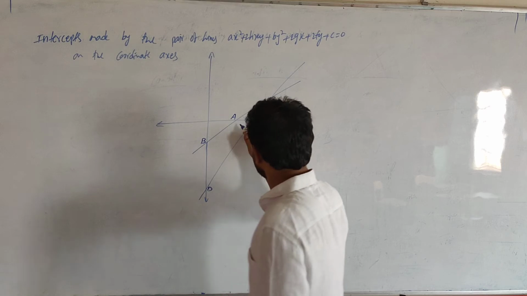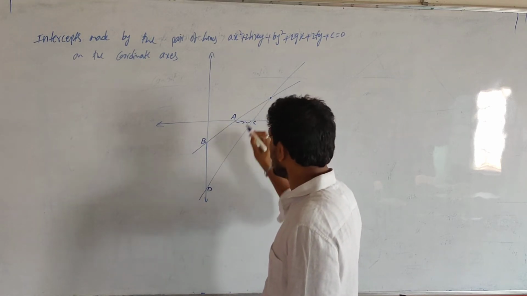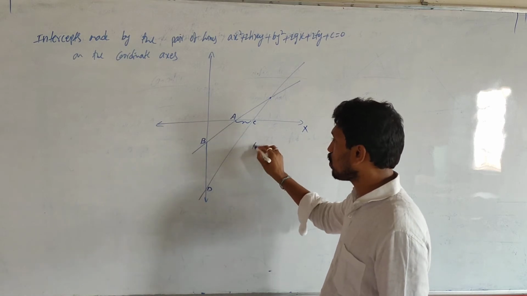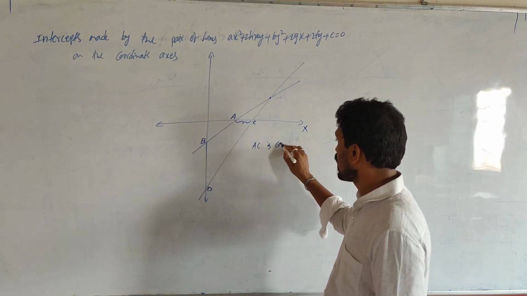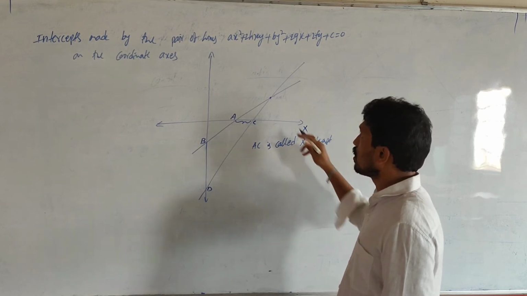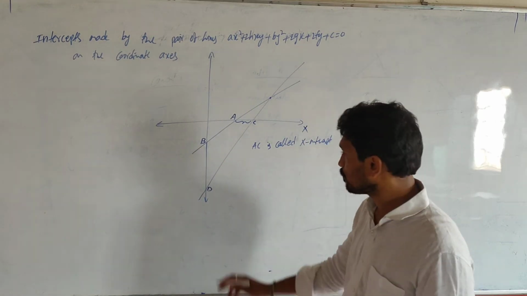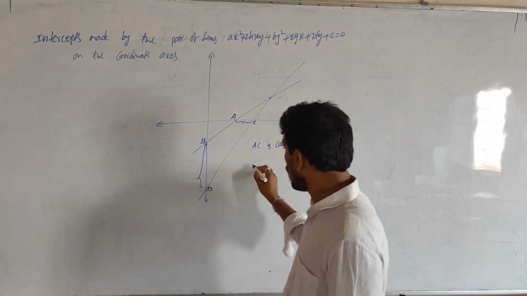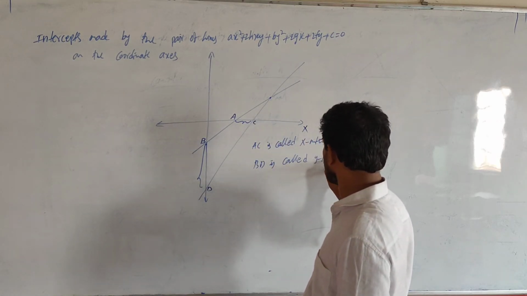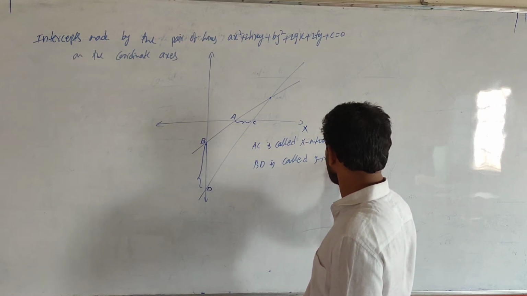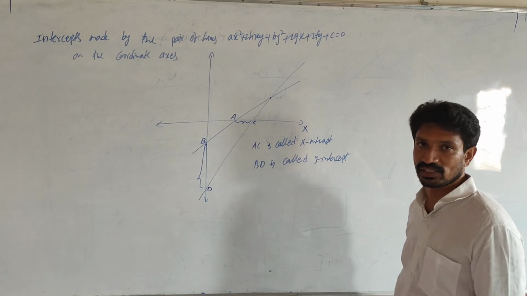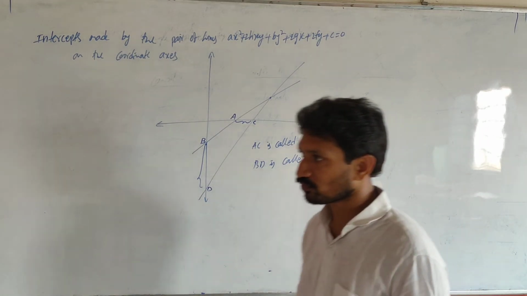See, now this length AC on the x-axis is called the x-intercept of the pair of straight lines. This BD is called the y-intercept on the coordinate axis with the pair of straight lines. Okay.